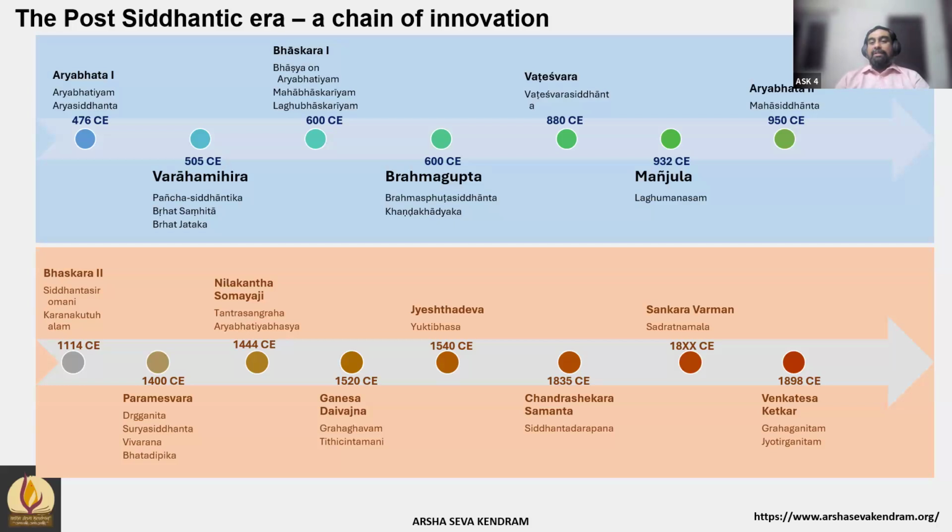And then we have Varahamihira. He was from Ujjain, and he was so advanced for his times that he was the first one to provide a method to solve a first order indeterminate equation, right? So equations of the form ax plus c is equal to by. How are these solved?